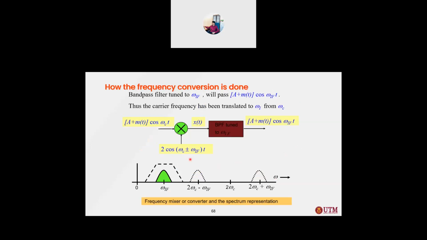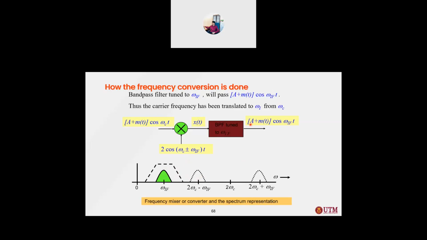Then we go from this x(t), the one that we chose just now, through the band pass filter, which is tuned to our intermediate frequency. So we filter out everything and only take the one which is the IF, the one that operates at low frequency.